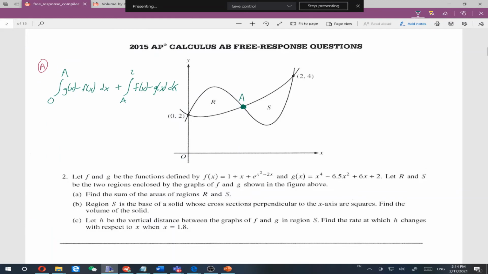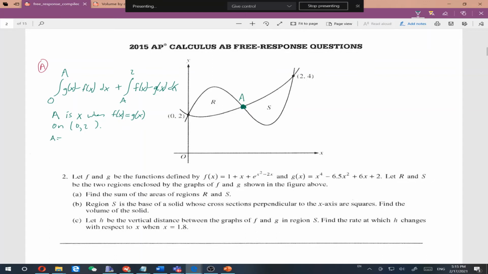So as long as we define this here, a is on the interval from 0 to 2 not included.